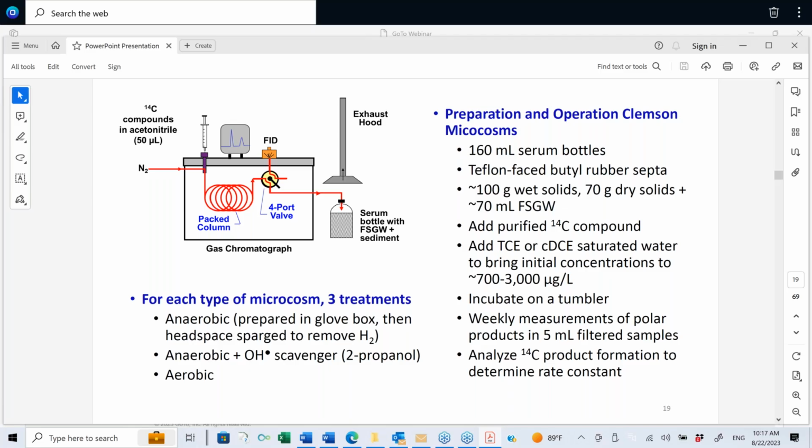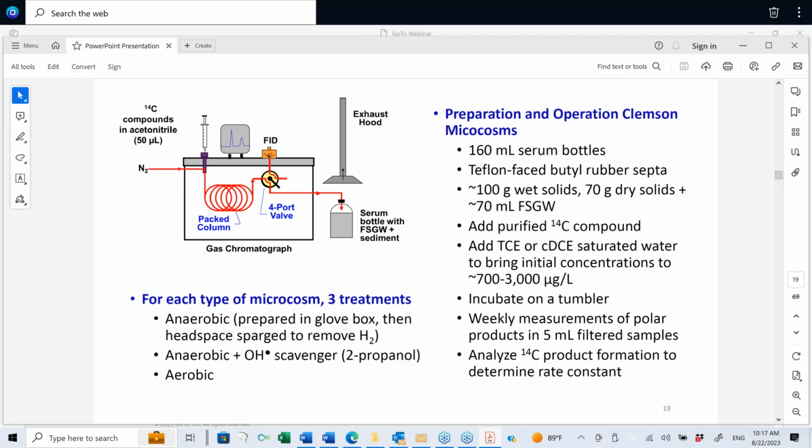And they only introduce the cleaned up radio label into the microcosm serum bottle. What this does is it gives them more sensitivity in detecting the accumulation of degradation transformation products.